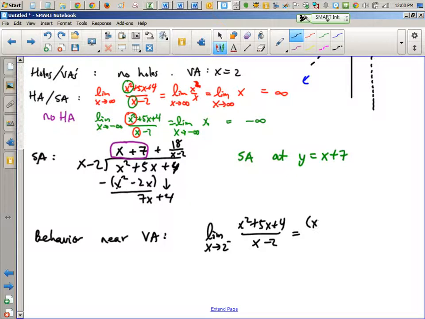I actually kind of like using the factored version for this step because I like to be able to do the calculations really fast. If I'm going to plug in 1.9, I would rather have it look factored. So I'm going to plug in 1.9 and maybe even 1.99, just real quick. Don't forget to write the limit in front. You're supposed to write that.